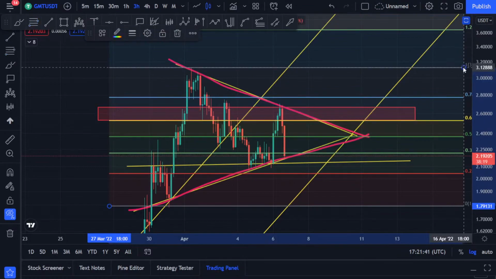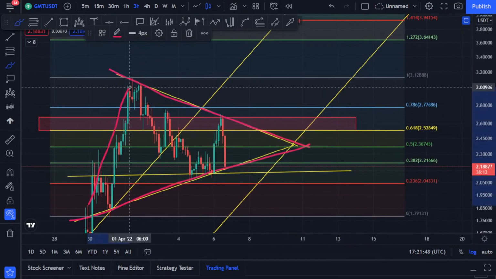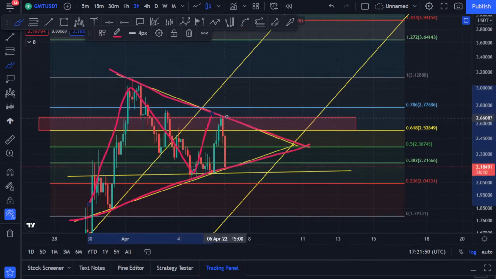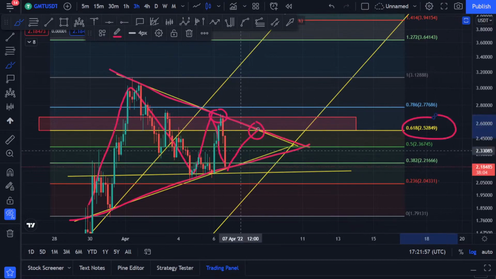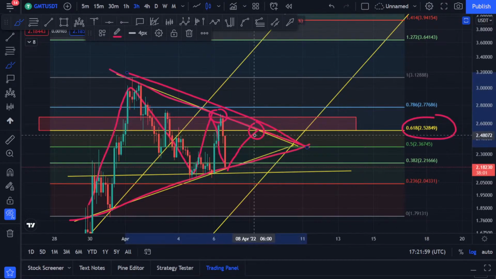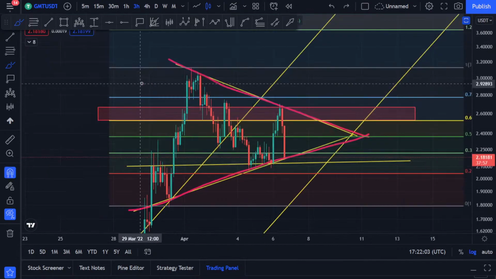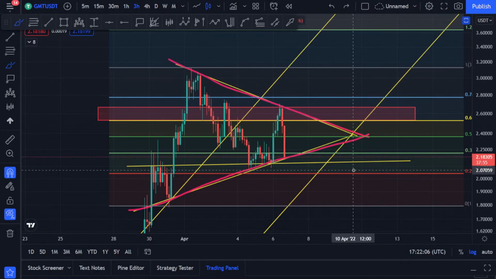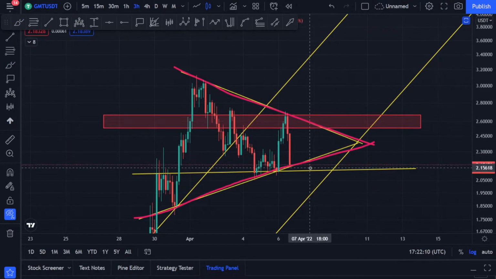If it moves towards the upside, you will again battle this 0.618. And if this resistance gets broken, then you will start moving towards the upside. So keep this in mind: your resistance and your support are the most important things when it comes to trading.